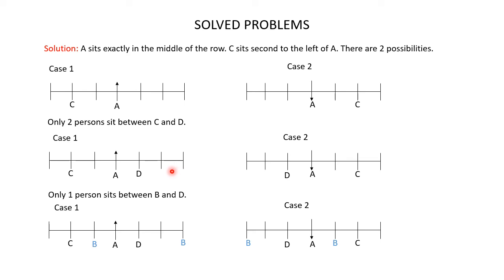In case 2, B can sit here so that there is only one person sitting between B and D, or B can sit here.